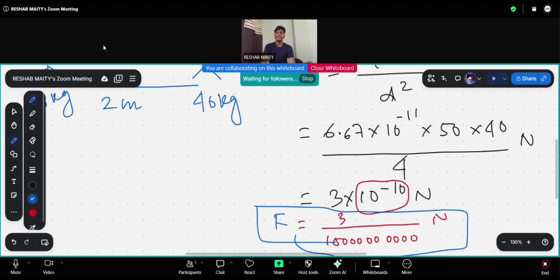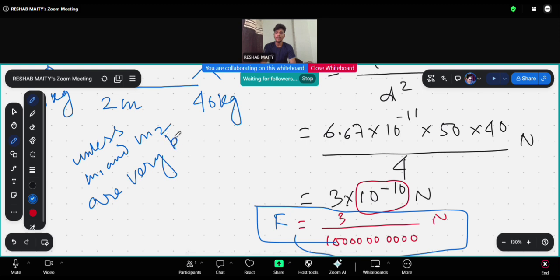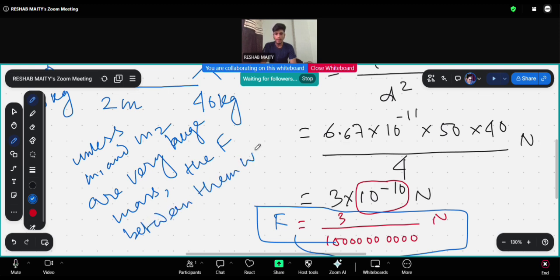So we can say that unless m1 and m2 are very huge masses, the gravitational attraction force between them will not be great.